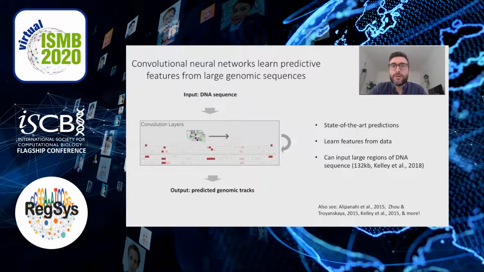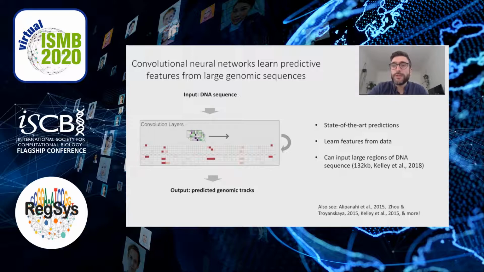In the past few years, convolutional neural networks, or CNNs, have emerged as powerful tools for modeling genomic data. The general recipe involves taking input sequences, transforming them with many convolutional layers, and making predictions for a wide variety of genomic tracks and features. CNNs now show state-of-the-art performance for RNA binding, transcription factor binding, DNA accessibility, and more.